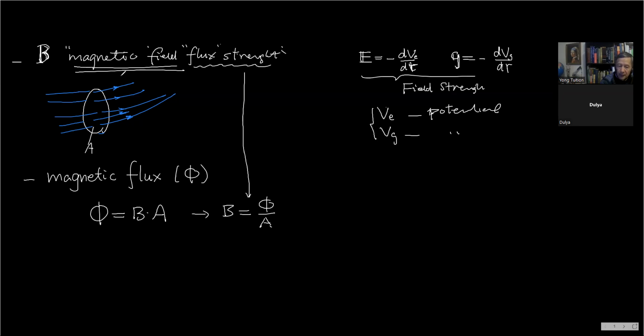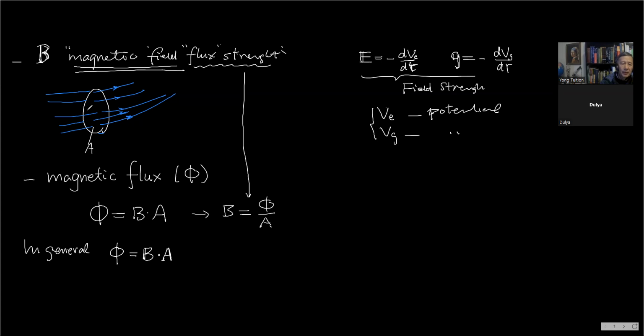In general, this is a special case. In general, we know that the flux should be written as a dot product, B dot A. Last time, yesterday, Wednesday, we were talking about the unit vector.